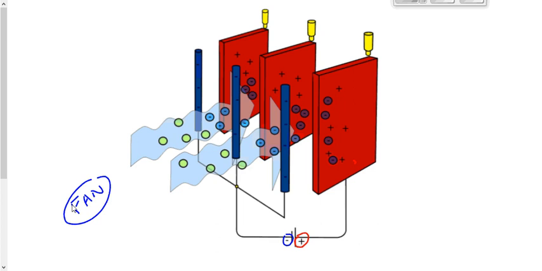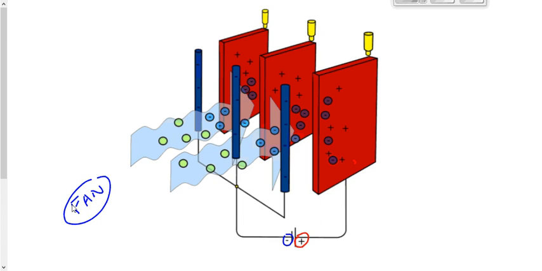Positive attracts negative. So we've got these dust particles that are negative. The positive plates attract these negative dust particles, and then these negative dust particles stick to the plates. What goes out the other side? Air minus the dust particles, right? Okay, minus the dust particles.